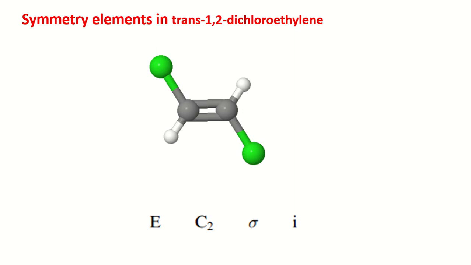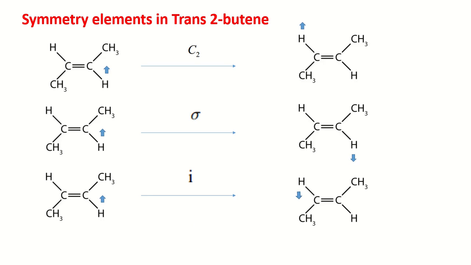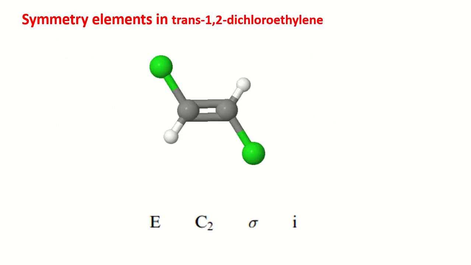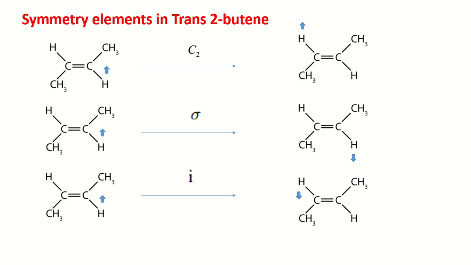It is very important to draw the correct multiplication table for any molecule. Here are the products of different symmetry operations in trans-2-butene, and the same holds for trans-1,2-dichloroethylene.